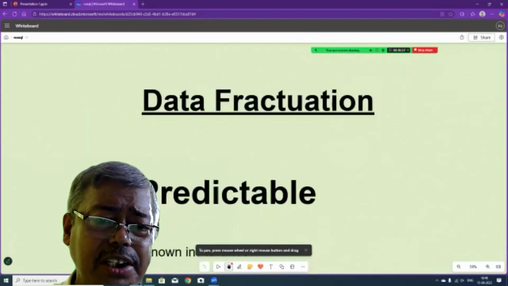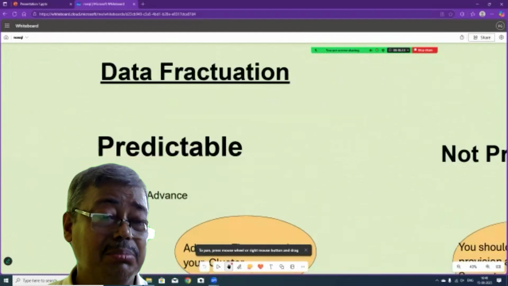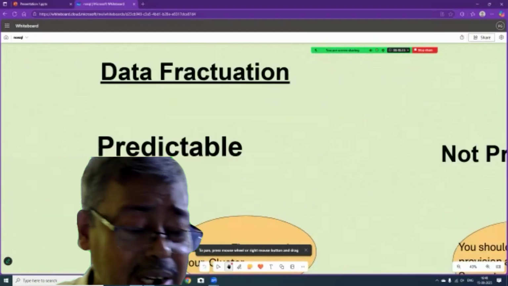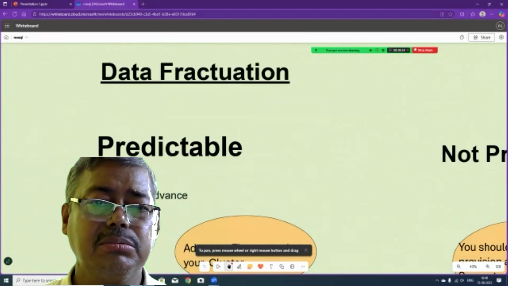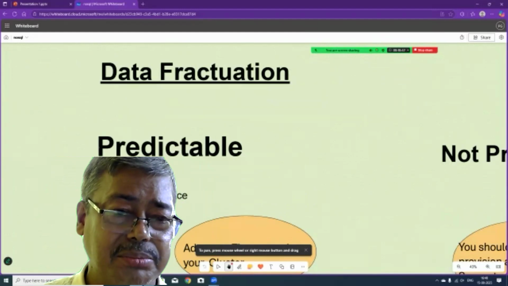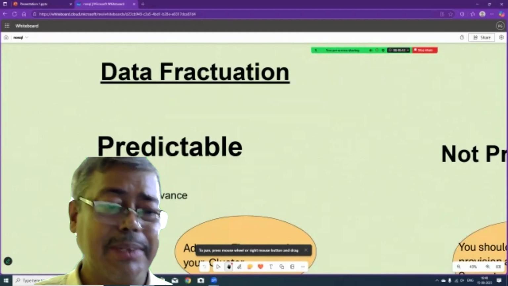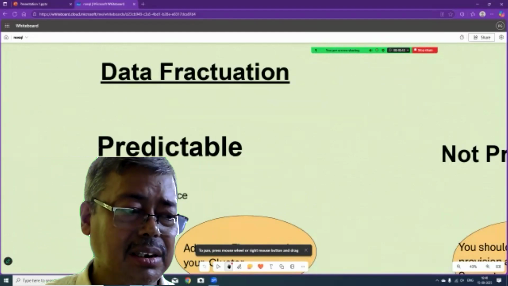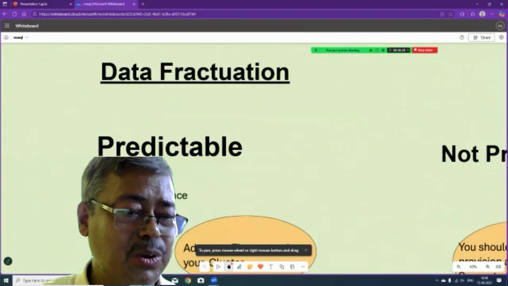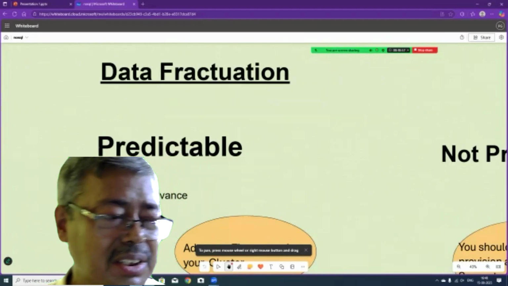Data source, we have already discussed the data source, but we are facing another issue, data fluctuation. What is data fluctuation? It is predictable or non-predictable? If it is predictable, it is countable. We can avoid this situation.